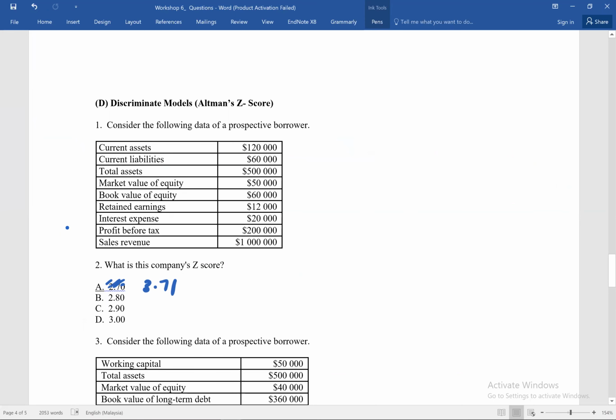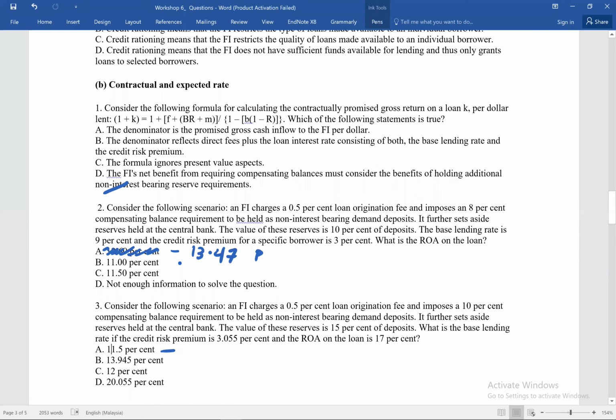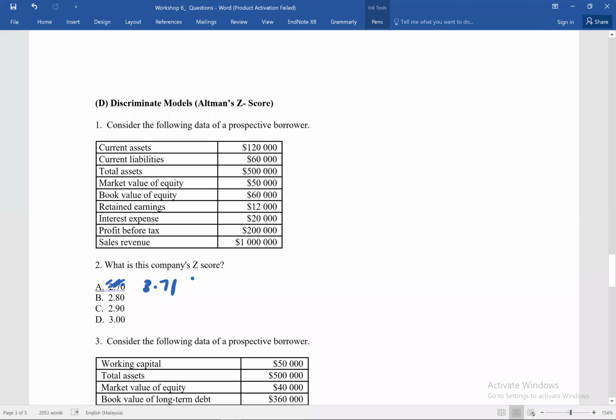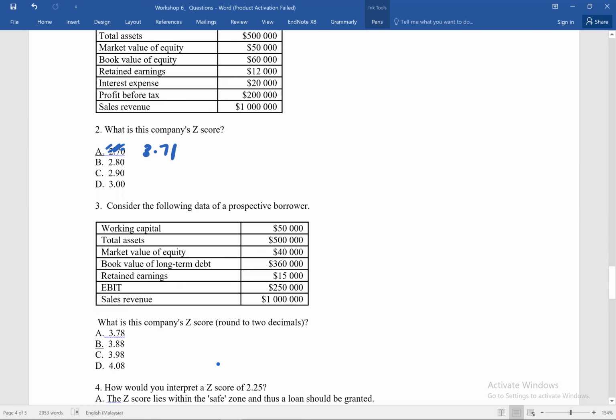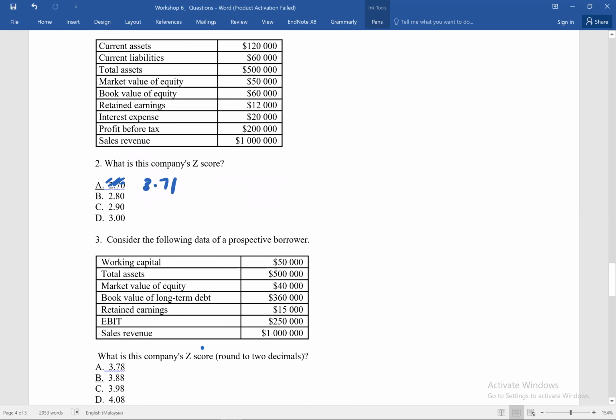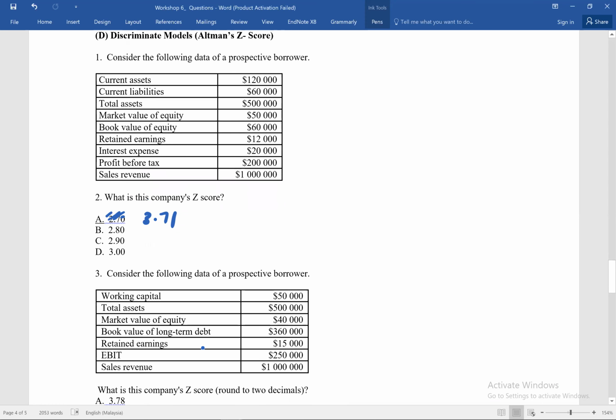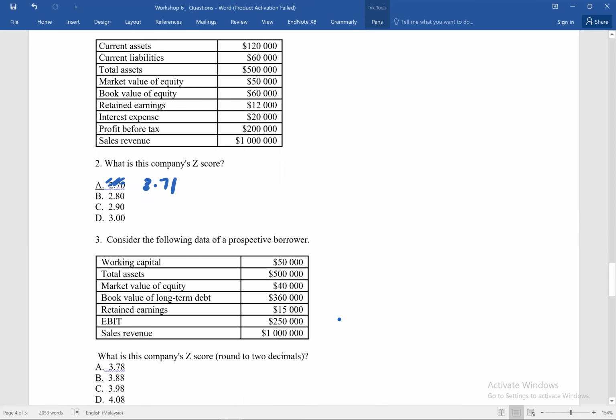We have this one and this one. Can you change this in your version? So this is 3.71. I hope the rest are okay. Let's see.